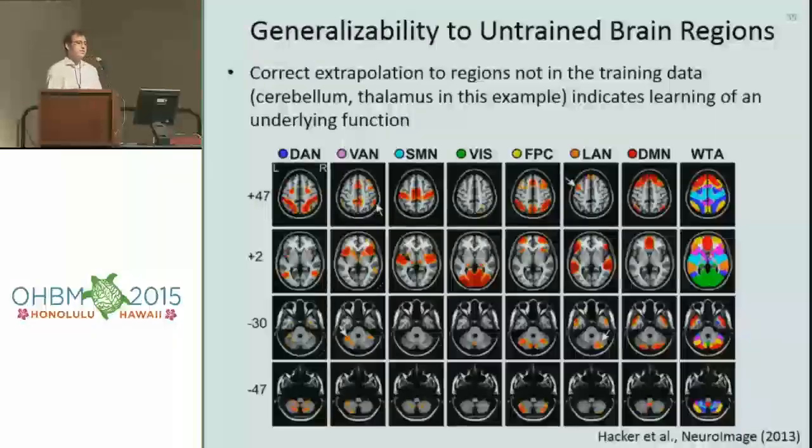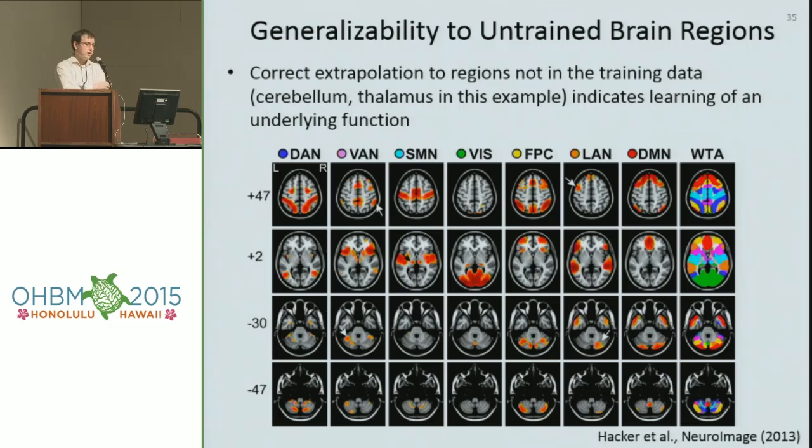Another way to look at that is, can we fit regions that weren't in the training data to the correct RSN, even though they weren't trained? In this example, no seeds in the thalamus or cerebellum were used in the training data, but we still produce a reasonable parcellation of thalamic regions and cerebellar regions that match up with unsupervised group estimates, even though no seed examples from that region were included in the training data.